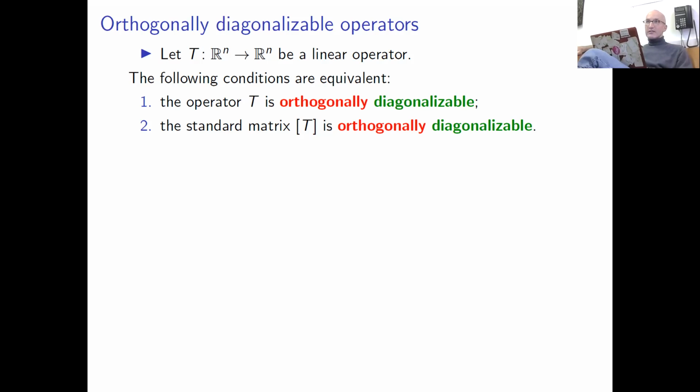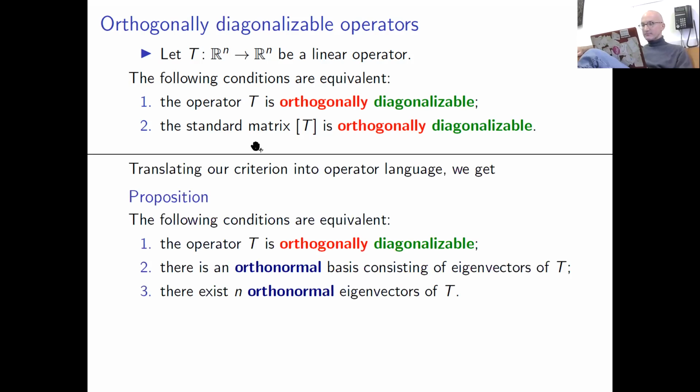This again follows from the diagonalization criterion for matrices and for linear operators we discussed last week. So using this bridge between linear operators and matrices, in order to prove our main theorem, we can prove it either for the standard matrices of linear operators, or we can prove it for linear operators.